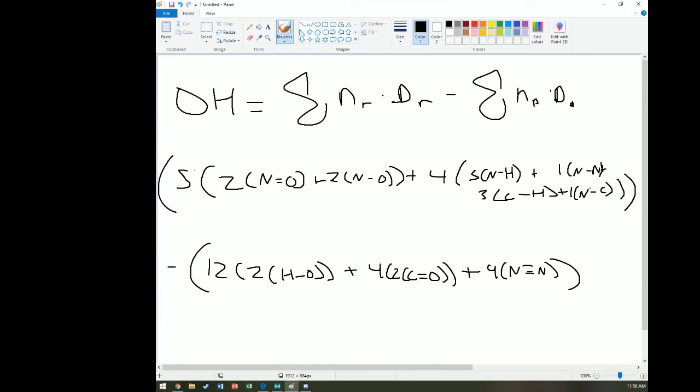Let's do that. For the bond enthalpies, we're going to have to scroll back up here to find them. These things take a while, and I'm probably going to get it wrong, but regardless. We know N double O is 587.